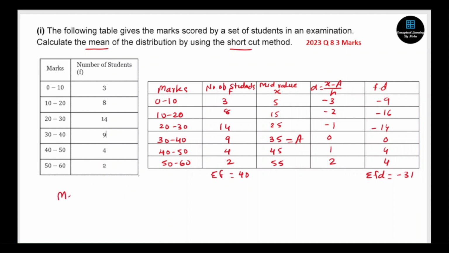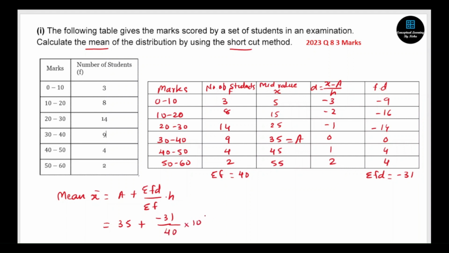So mean equals A plus sigma FD over sigma F. If I substitute all the values and simplify, what do we get? 35 plus minus 31 upon 40, and I have to multiply that by the class length also, because we use this formula, so times 10.